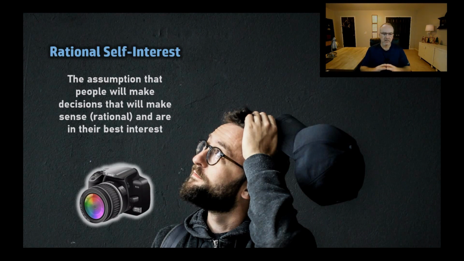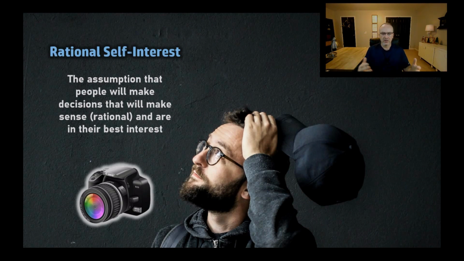Let's take the example of a camera. Let's say that there was a man who wanted to buy a new camera. Let's apply the principle of rational self-interest to that purchase. First of all, let's say that he was comparing the different specifications on these cameras and he realized that one had a greater digital storage capacity than the other.